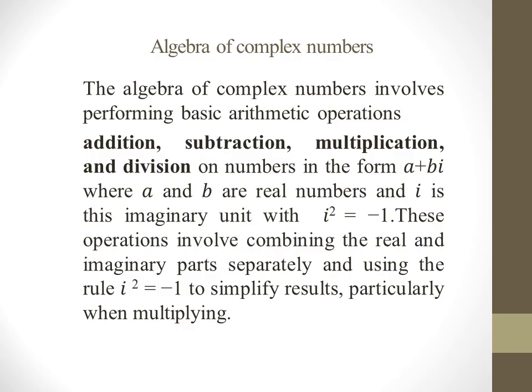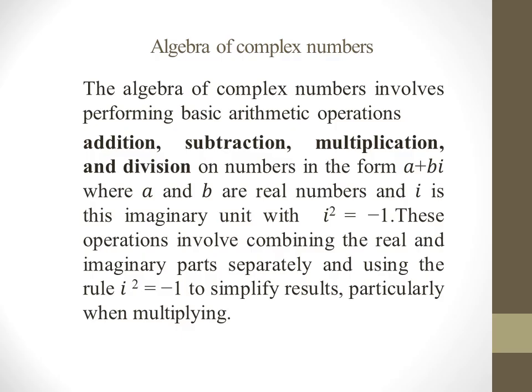Algebra of complex numbers involves performing basic operations like addition, subtraction, multiplication, and division on numbers in the form a plus bi, where a and b are real numbers and i is the imaginary unit with i square equal to -1.